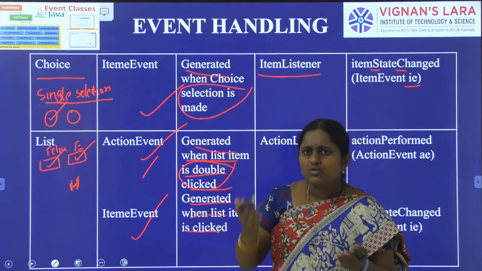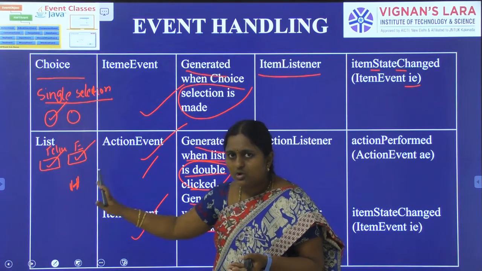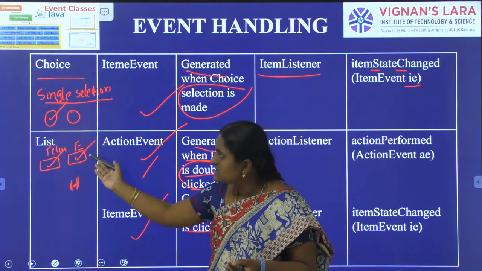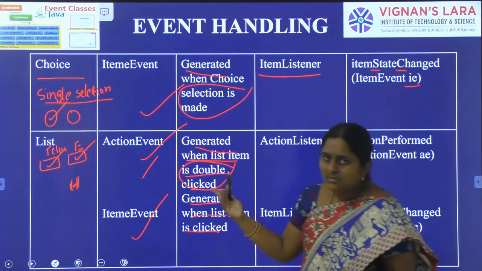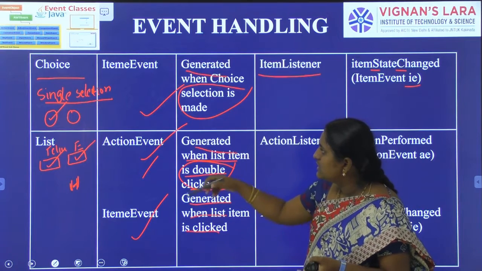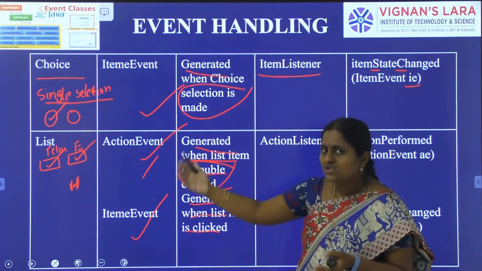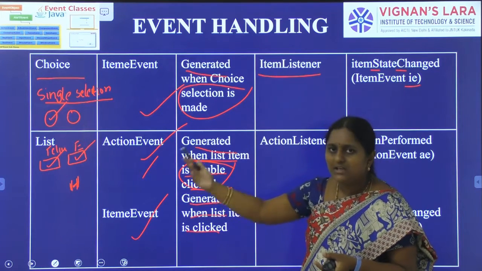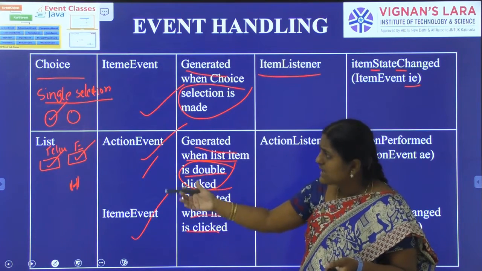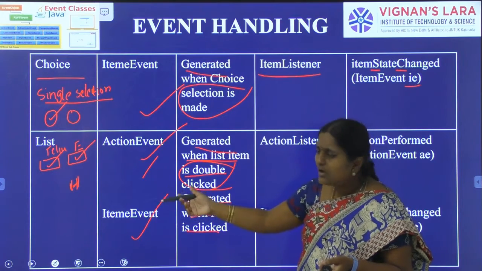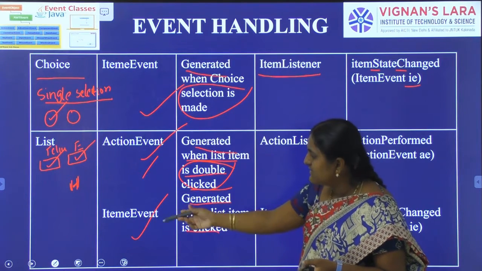You can click on those courses, because list means multiple selections are made. The user manually chooses the list items based on the menu. It generates two events: action event and item event.